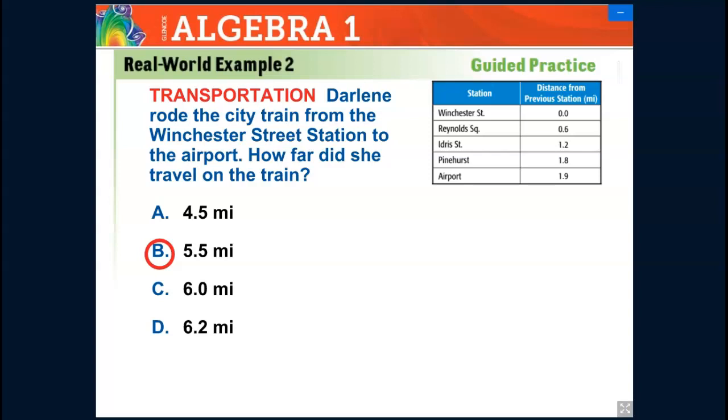So you get 3.6 plus 1.9. When you add those together, that's substitution. Running out of boardroom. And then your final answer is 5.5.